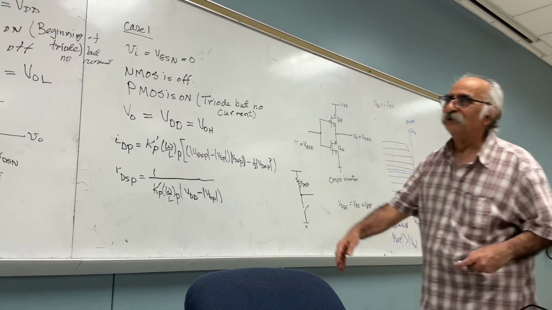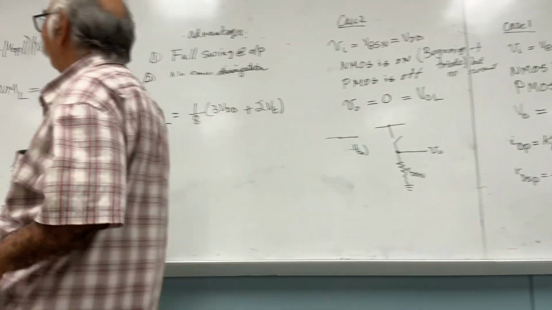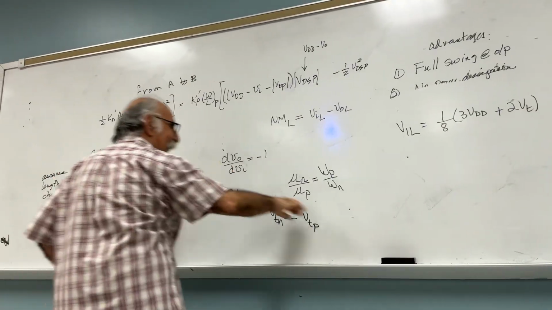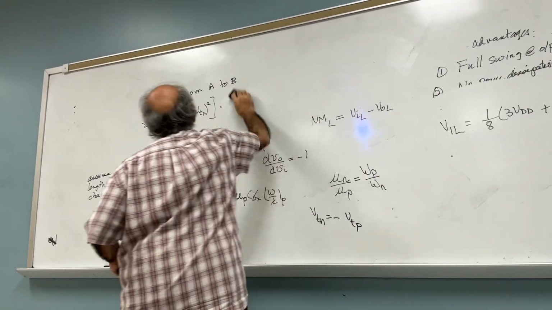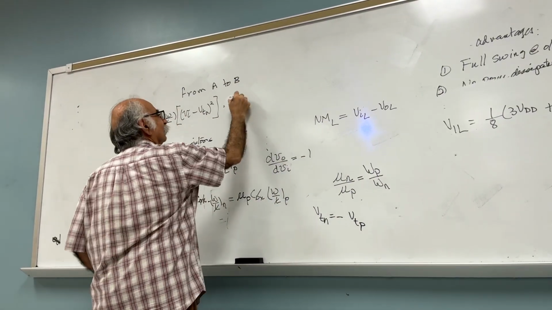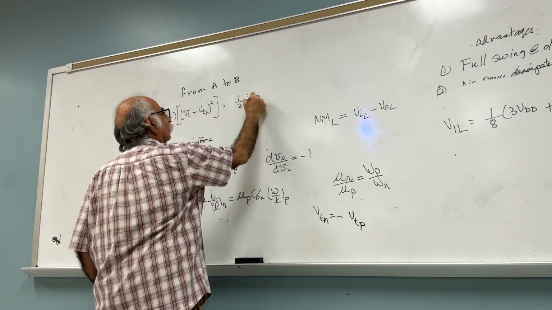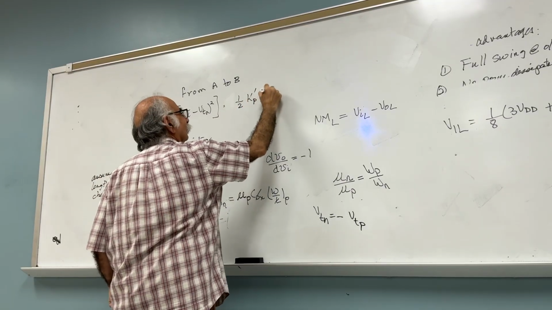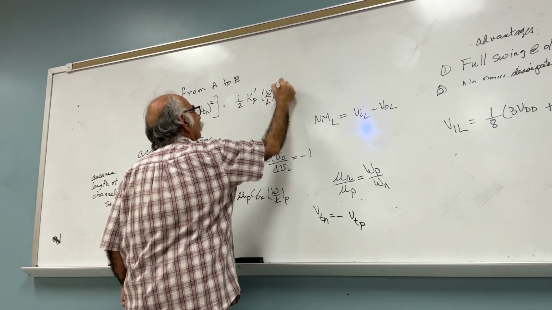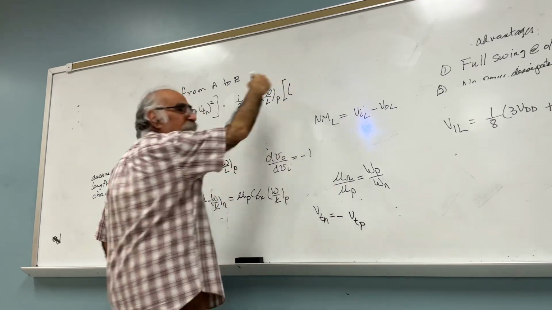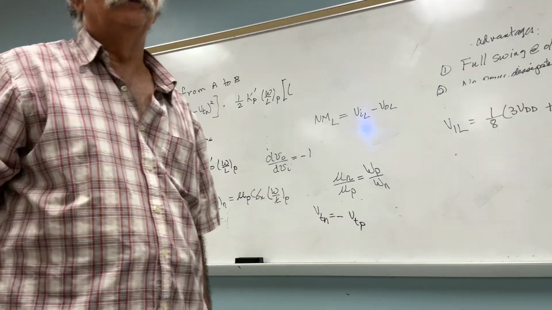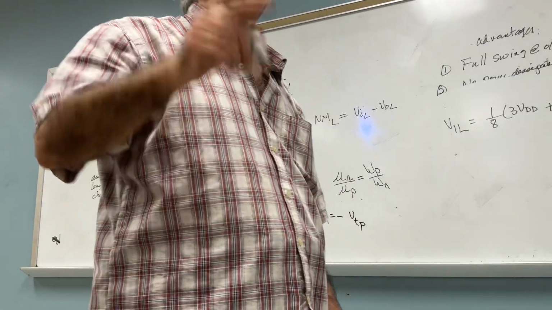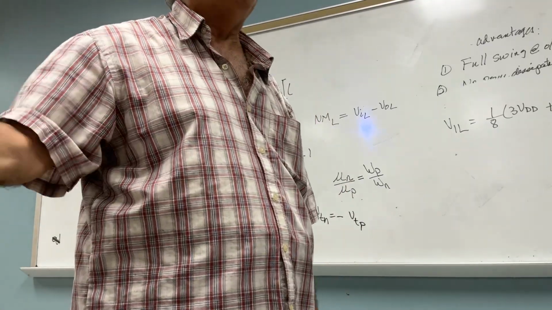So what do I use? This equation, and the other one is what? What do I put here? I'm still waiting. What is it supposed to be? VGSP.